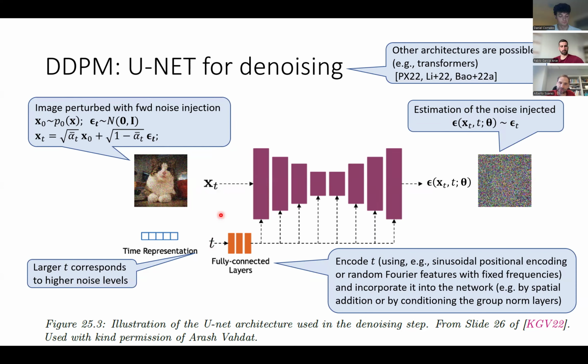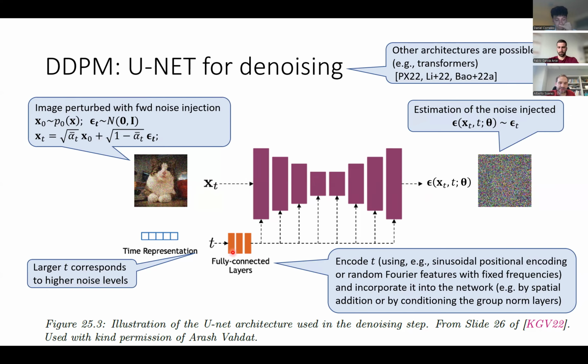From these two, the network's role is to guess what noise was injected into x0 to get xt. That's your training objective: the difference between the true noise that you've used to generate xt from x0 and the output of the network.